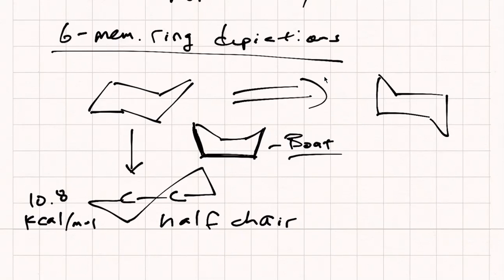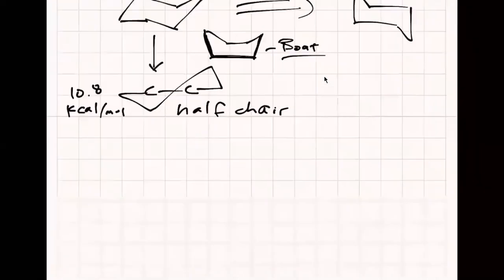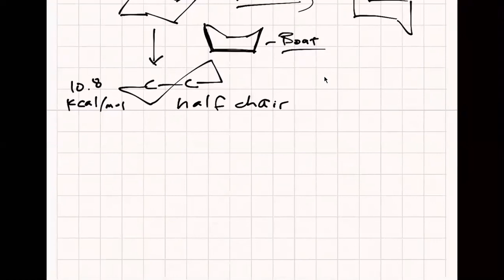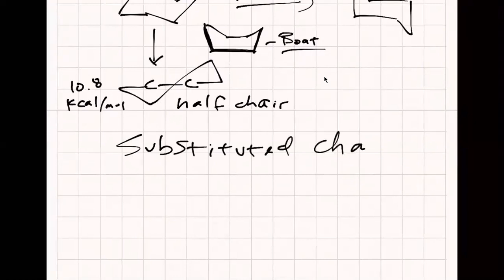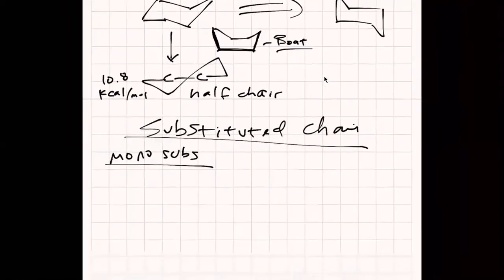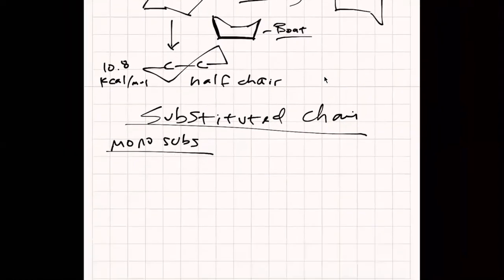And I'm going to talk about that in a second, because if you have a substituted chair, right, if we say it's monosubstituted, with one substituent, that substituent is going to prefer to be in what you call the equatorial conformation.